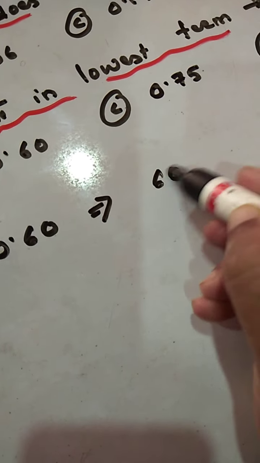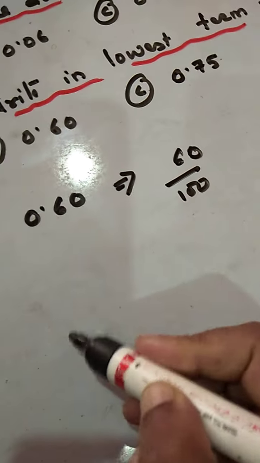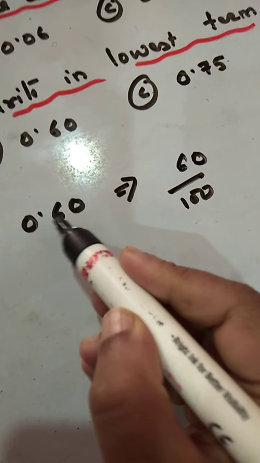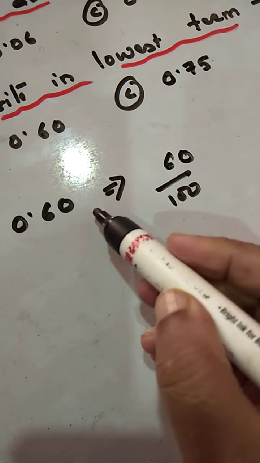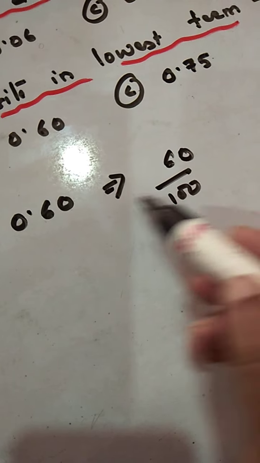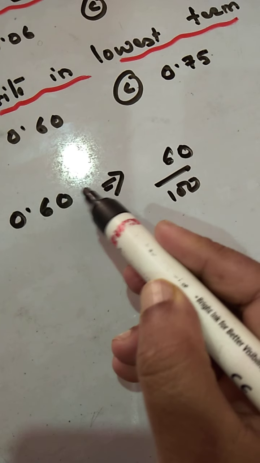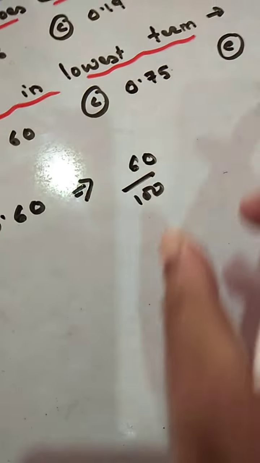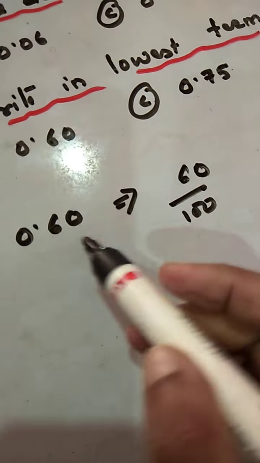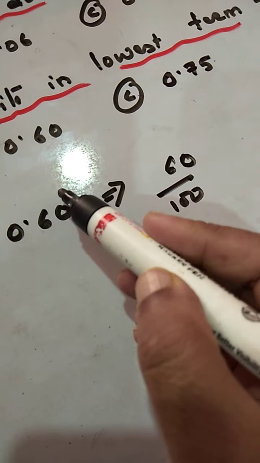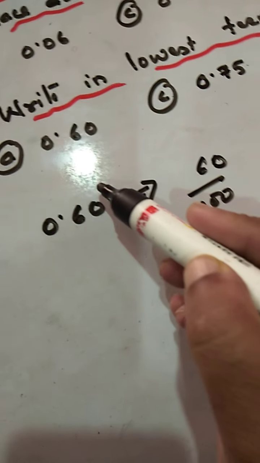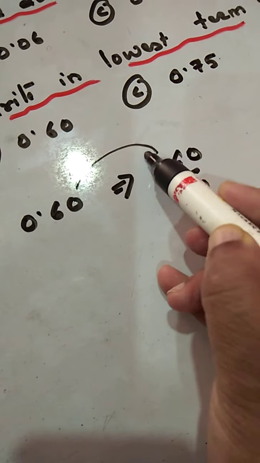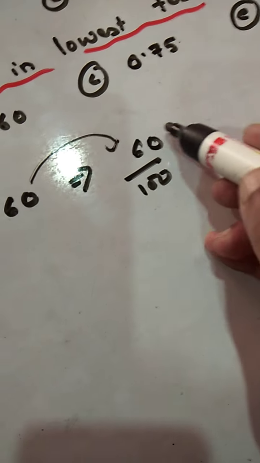So we'll write 60 by 100. If after decimal there is only one digit, then you will write, suppose, 6 by 10. And suppose if there are 3 digits after decimal, then you have to divide the number by 1000. Fine. So the first step that you have to do with question number 7 is convert it into the fractional form, and then finally you have to reduce.